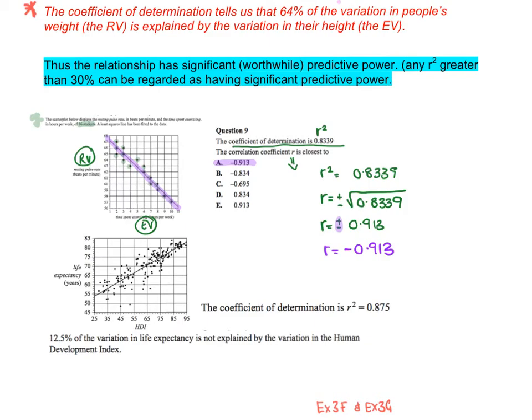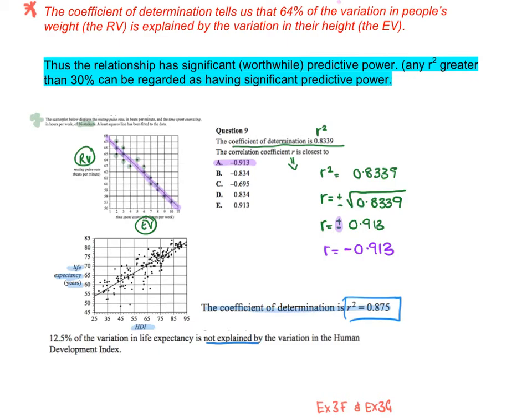So then if you look at this next question, down below, it says the coefficient of determination, or R squared. So they've given it as R squared, which is nice. They were nice this time. Now, they're saying 12.5% of the variation in life expectancy is not explained. See how they say not explained? So remember our little blurb that we got before, it tells me how to write it if it is explained.